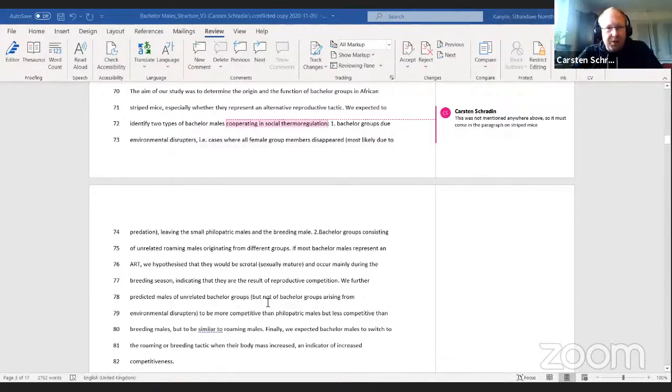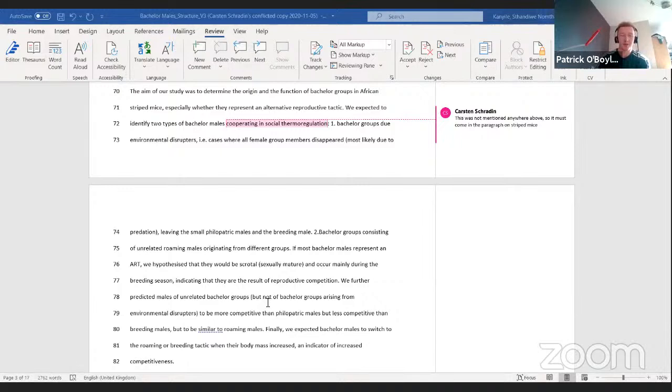Does anybody else have any comments or questions? If there's something not clear, then you tell us, and it will help us quite a lot. Can I just make a comment on where it says bachelor groups due to environmental disruptors, cases where all female group members disappeared, most likely due to predation? I feel that is speculative, and it shouldn't be in the aims. Is this referring to what was later found out in the study, that predation was a contributing factor?